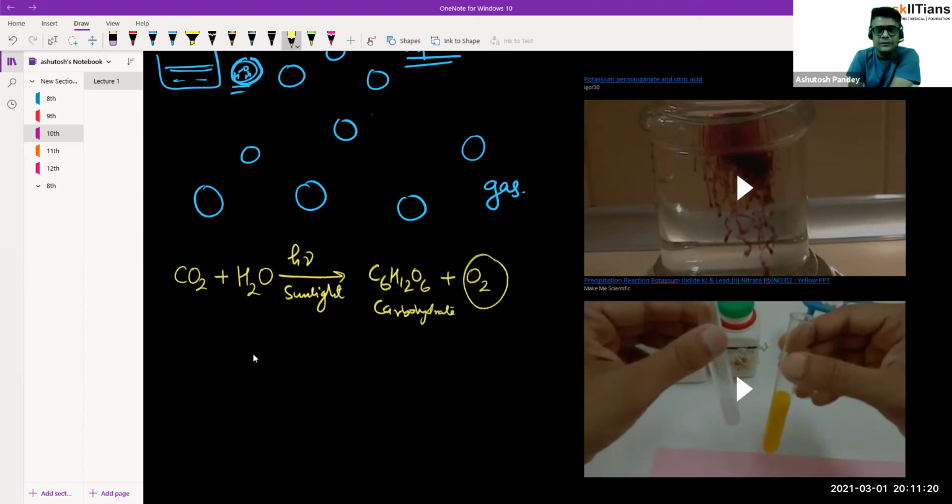plus oxygen. Now see, initially carbon was combined with oxygen, and hydrogen was combined with oxygen. Now the carbons and hydrogens are arranged in a different fashion, and oxygen is now free, bonded only to oxygen.